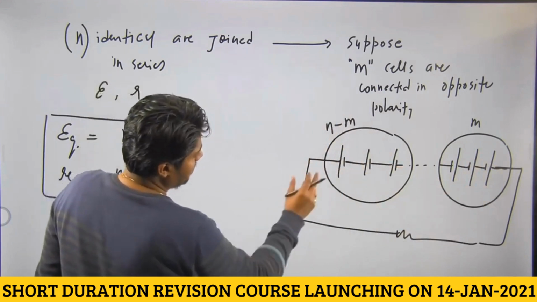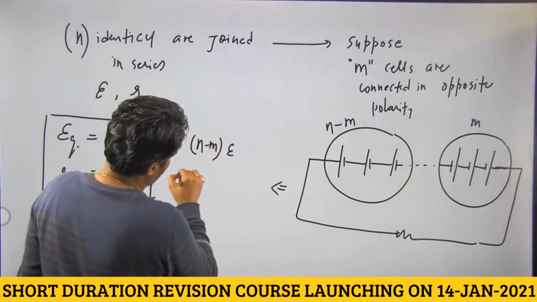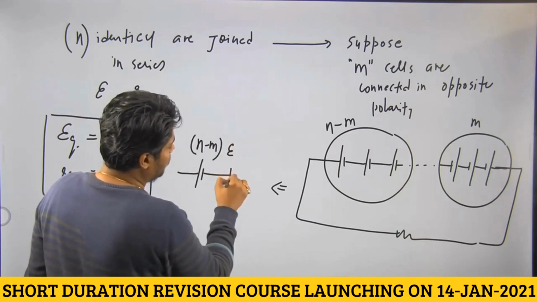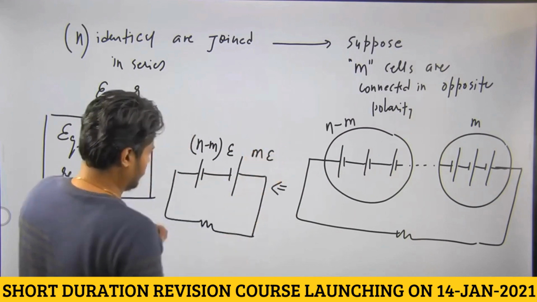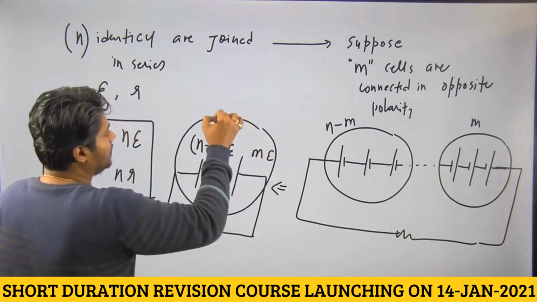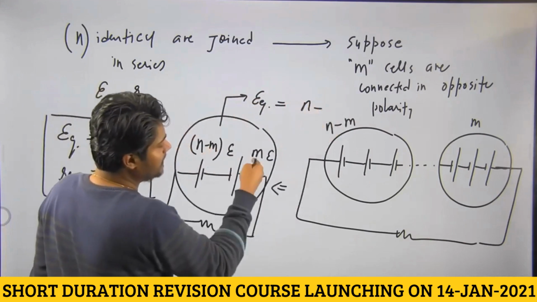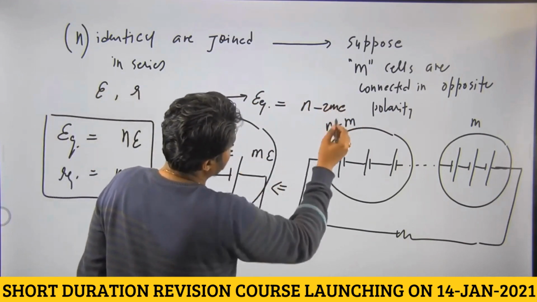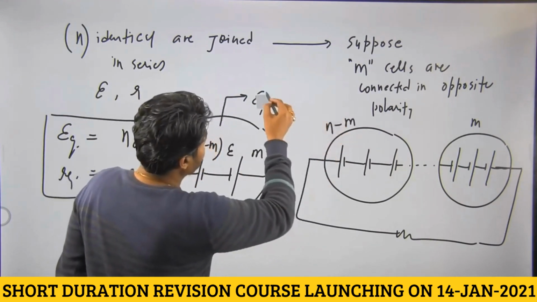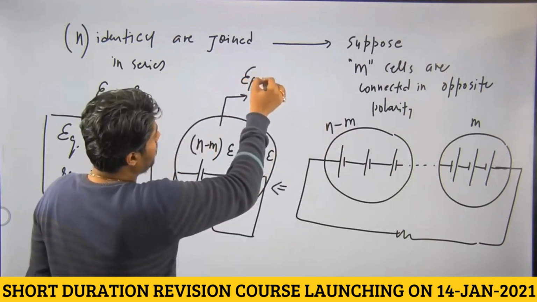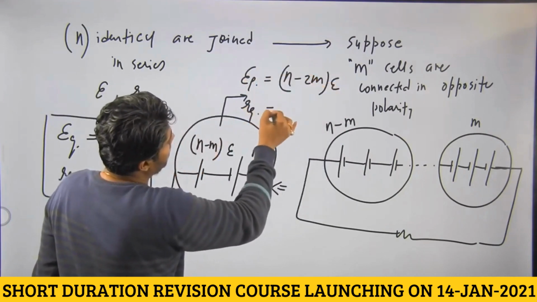So you can clearly see we can rewrite this as N minus M times E for one group, and another group would have an effective EMF of M times E. Now you can combine these two and you get E equivalent as (N minus M) minus M, so N minus 2M times E, and of course no change in R equivalent, it will be equal to N times R.